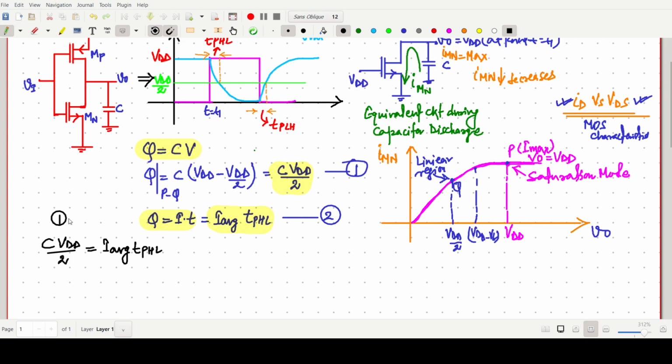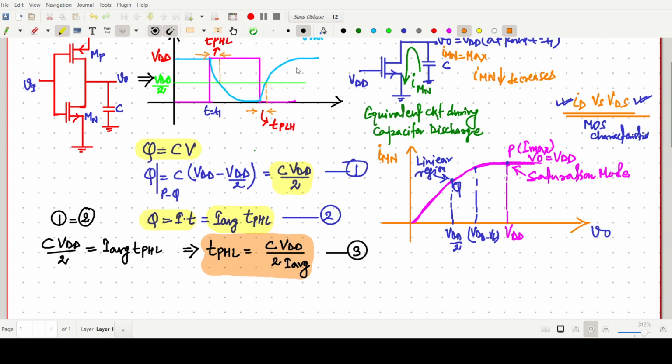By equating 1 and 2, we can easily say the tau PHL value will be C VDD by twice times I average. I am saying this one is our equation 3. This is a very important equation that we have observed for the tau PHL.